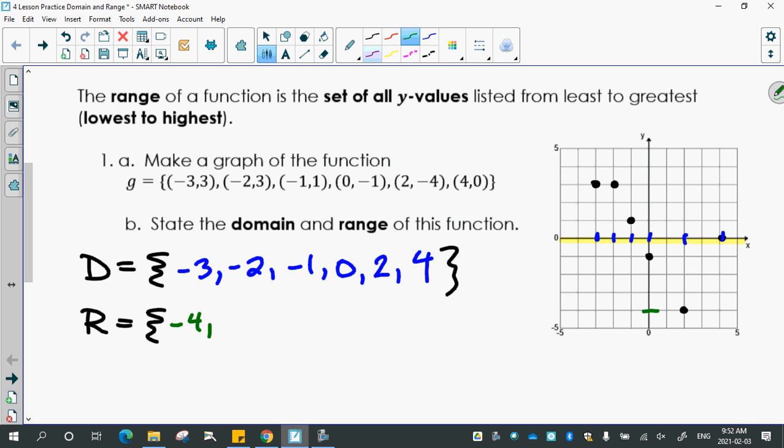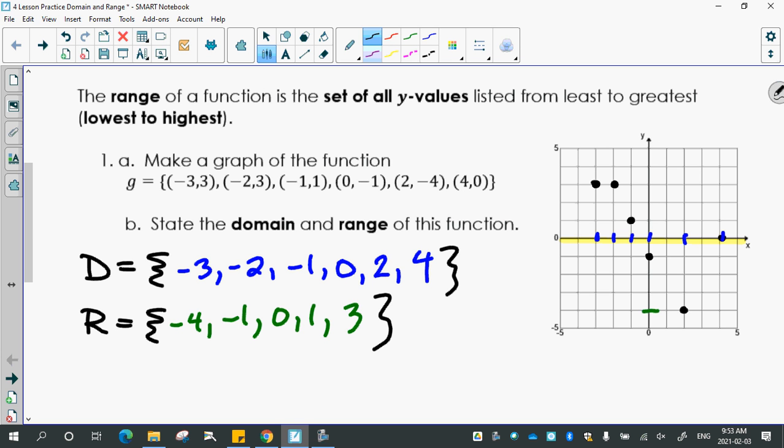Negative 2, nothing. Negative 1 would be the next. Zero. Yep, there's a point there. Keep moving up. 1, yep. 2, nothing, and then 3 is in the range. That's our highest value in the range.